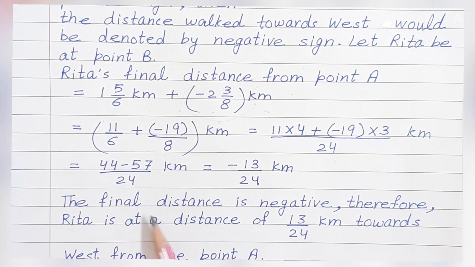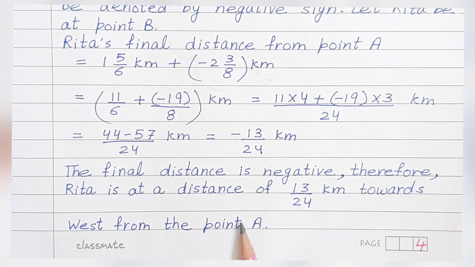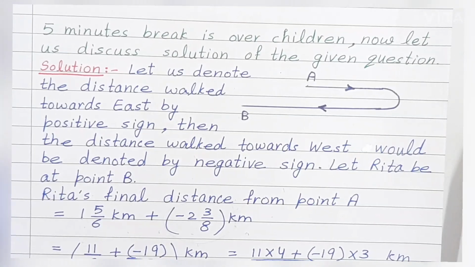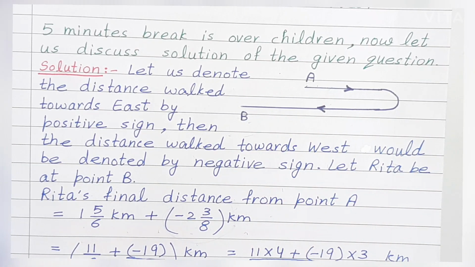So, the final distance is negative. Therefore, Rita is at a distance of 13/24 kilometer towards west from the point A. I hope it is clear with the given figure A to B. Now, thank you everyone.